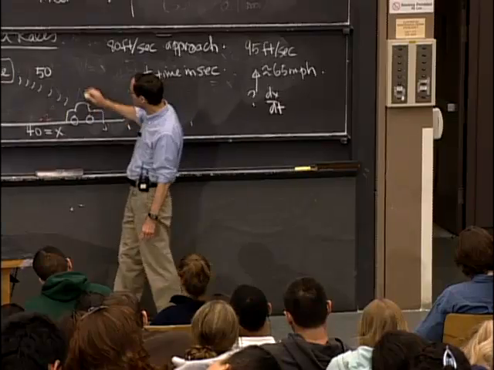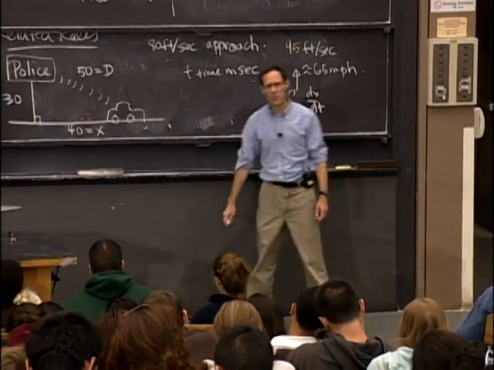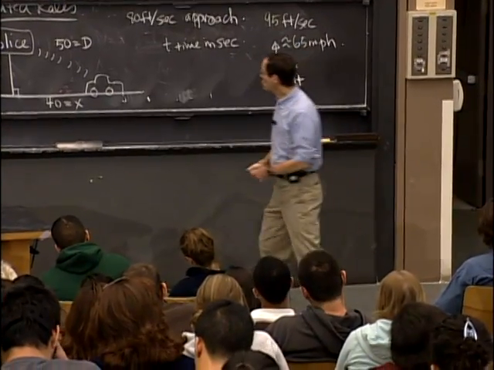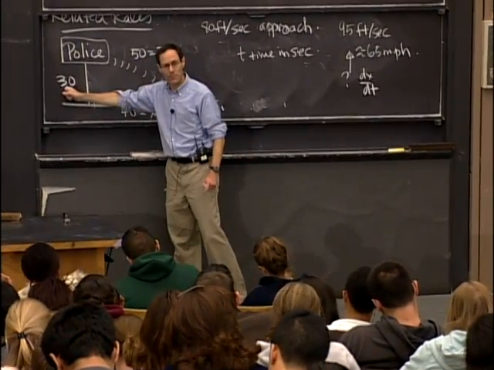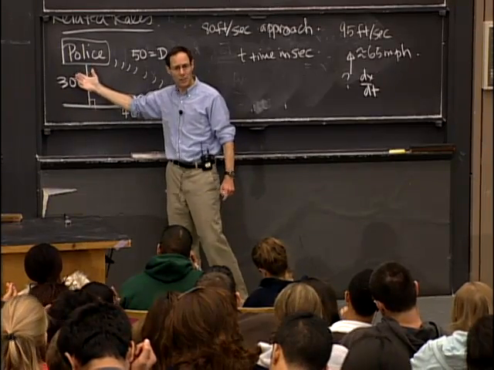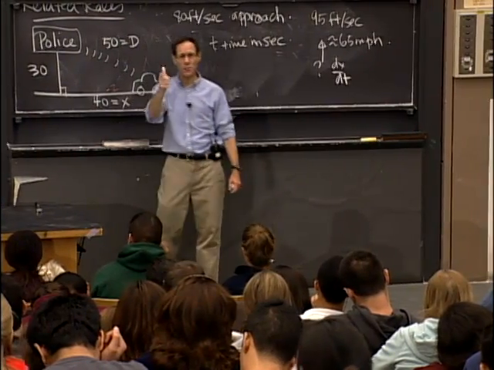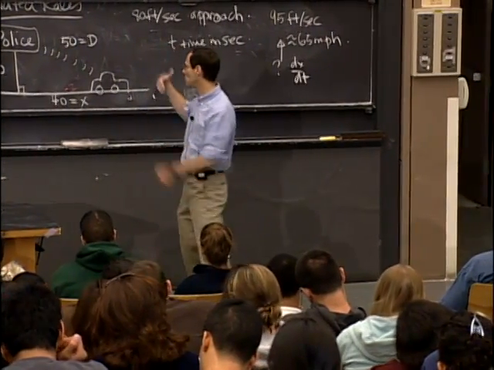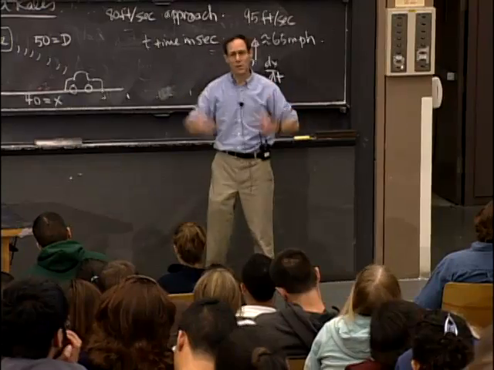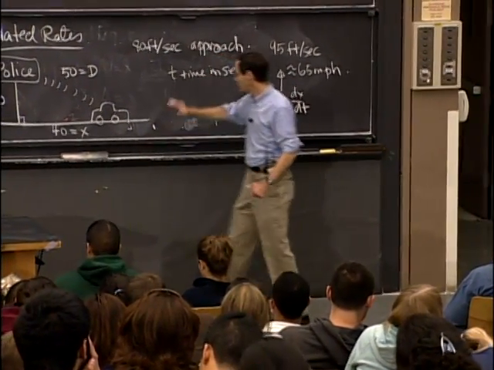Now, there's something else that's varying. This distance here is also varying, so we need a letter for that. We do not need a letter for this, because it's never changing. We're assuming the police are parked. They're not ready to roar out and catch you just yet. And they're certainly not in motion when they've got their radar guns aimed at you. So you just sort of need to know something about the sociology and style of police, okay?